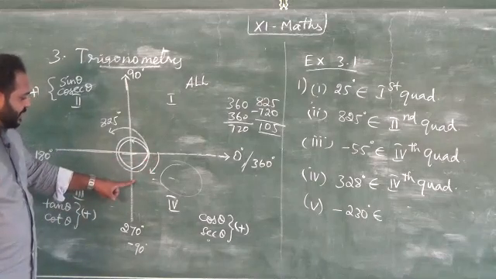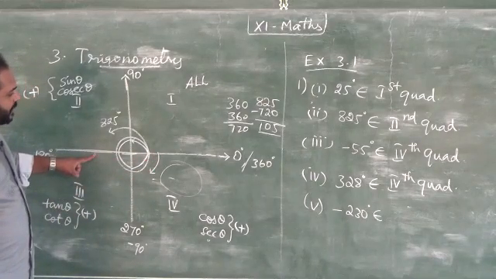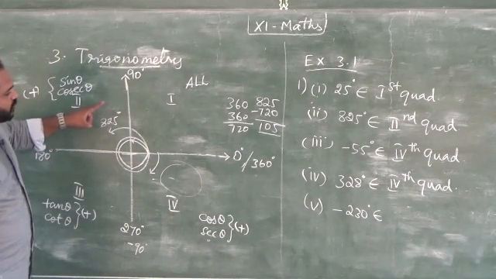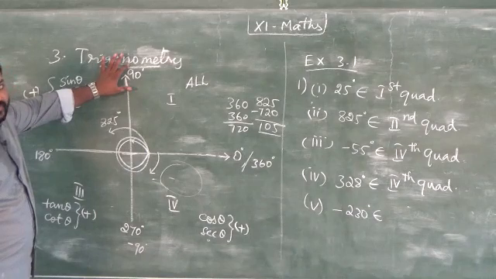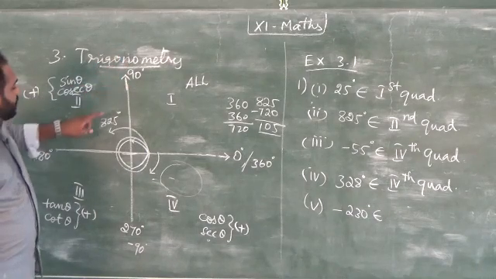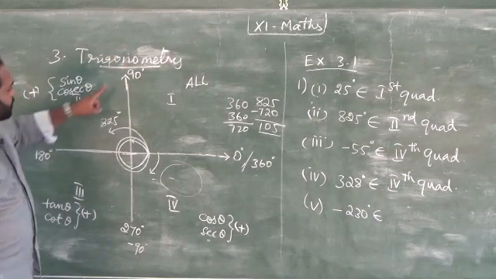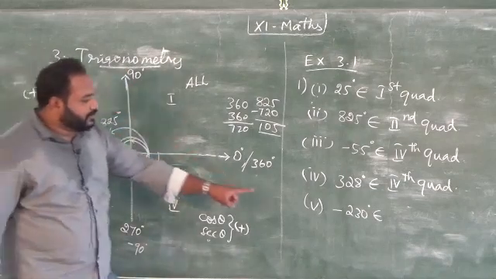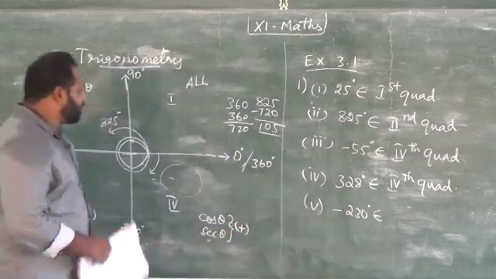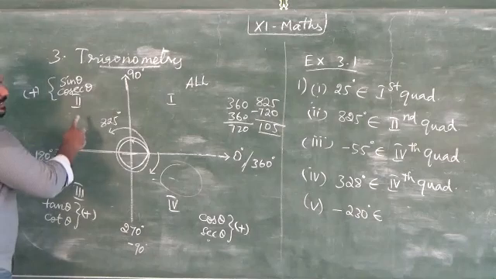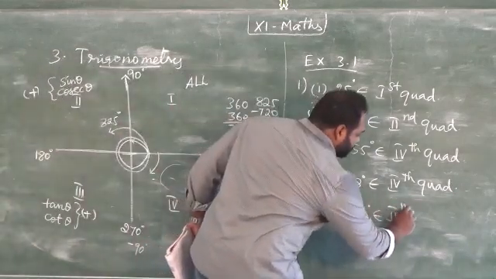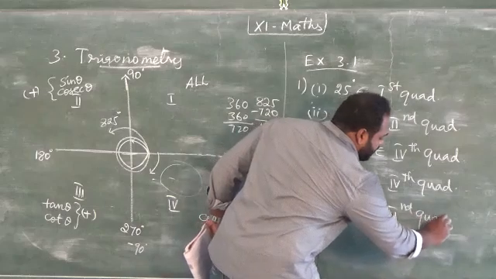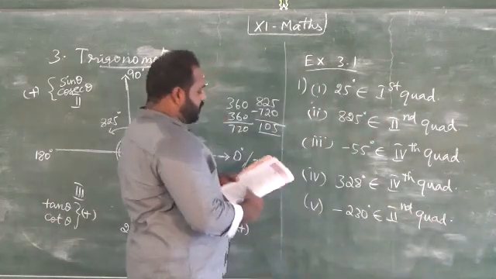So here minus 90, minus 180, minus 270. Minus 230 is in between minus 180 and minus 270. So minus 230 will occur in the second quadrant.